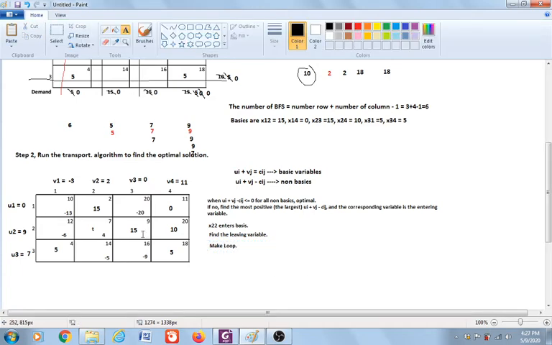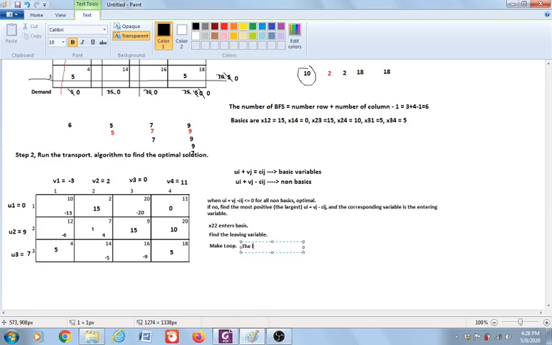The loop starts from t and ends at t also. The loop must follow the row and the column, so you cannot make a loop diagonally like this. And one more thing, the loop must be balanced.